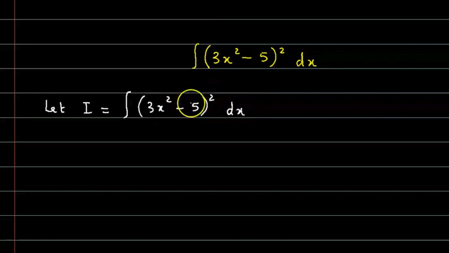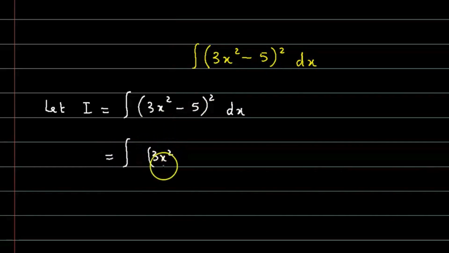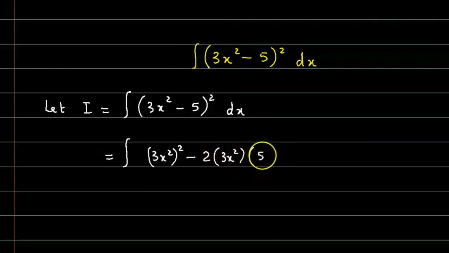Now here we use the expansion formula (a minus b) the whole square, which is a square minus 2ab plus b square. So let us expand this. So we have (3x square) the whole square minus 2 times 3x square into 5 plus 5 square.